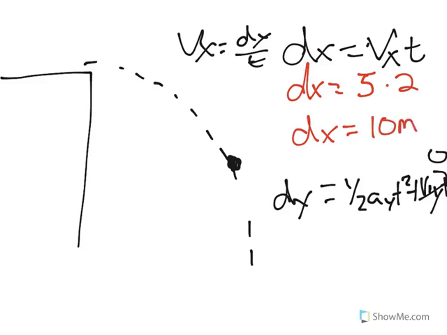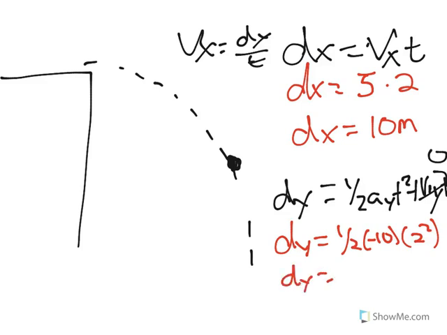In the y direction, do the same thing. dy equals 1/2 times -10 times 2 squared plus 0, because it went away. So the distance in the y is, let's see, 4 times 5, so it'd be -20 meters. Alright, so dy would be -20 meters.